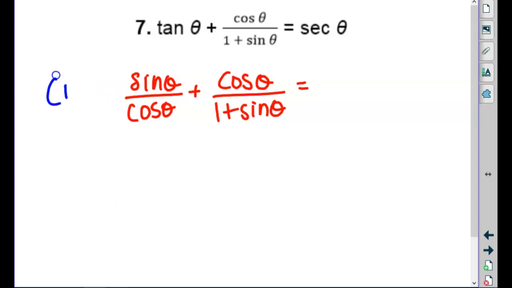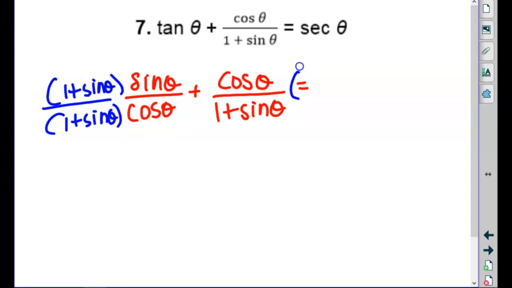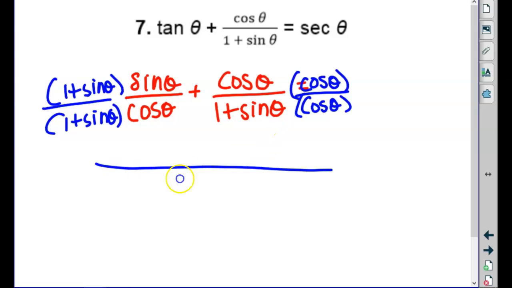So we're going to multiply this by a 1 plus sine over a 1 plus sine, and we're going to multiply this side by a cosine over a cosine. So the new denominator has a cosine times the quantity 1 plus sine.